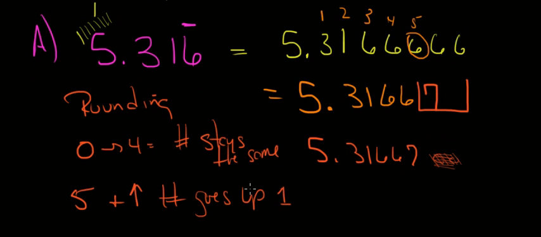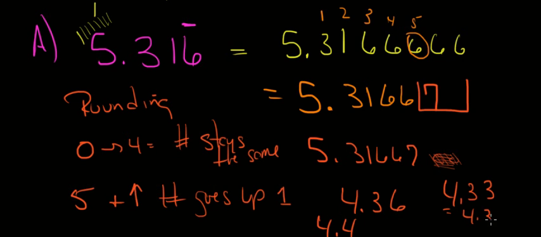Remember that? So if I have 4.36 and I want to round this to the tenths place, that would be 4.4, wouldn't it? But if I had 4.33, it would round to 4.3, right? Okay, any questions on that? All right, I'm clearing it out. That is example 2 in the book.